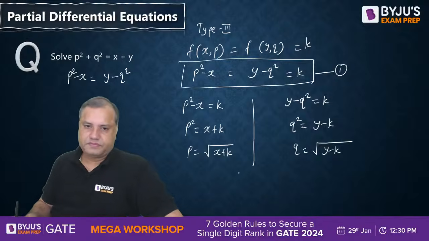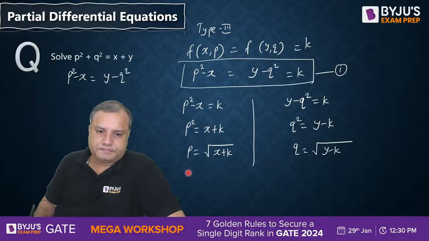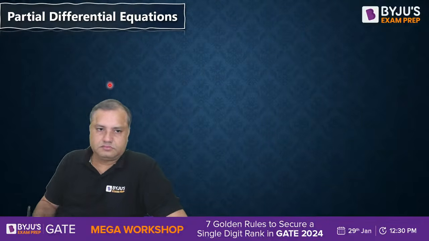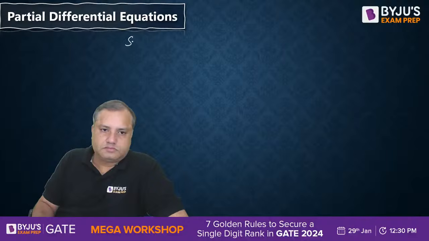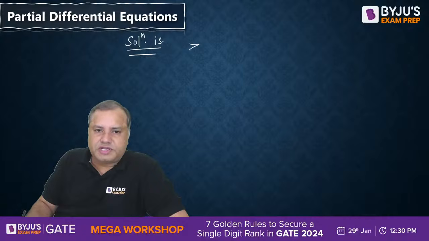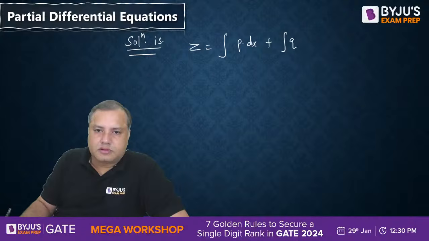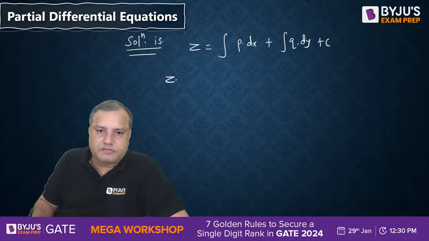Now, solution. Solution is z equal to integration of p dx plus integration of q dy equal to c.